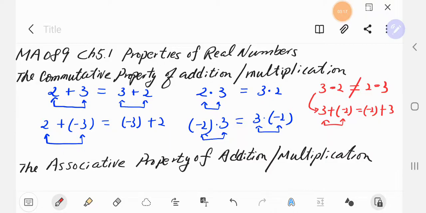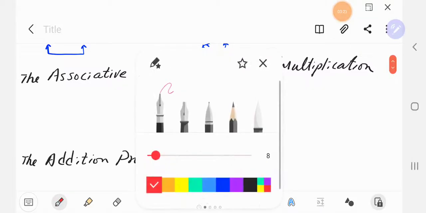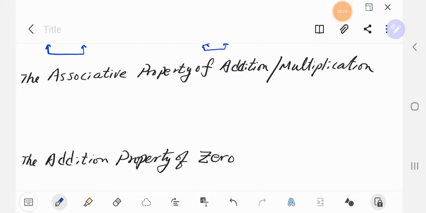Next property is the associative property of addition and multiplication. The associative property is that you can regroup. Let's say this expression contains 3 numbers, adding 3 numbers: 2 plus 3 plus 4.